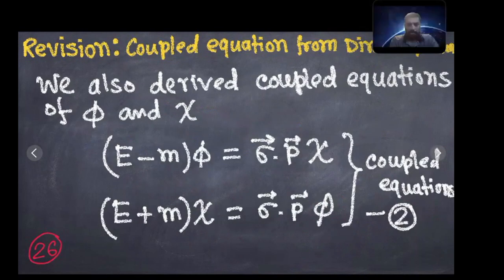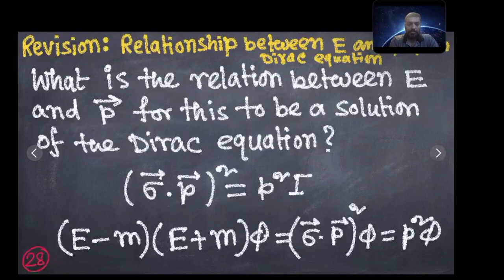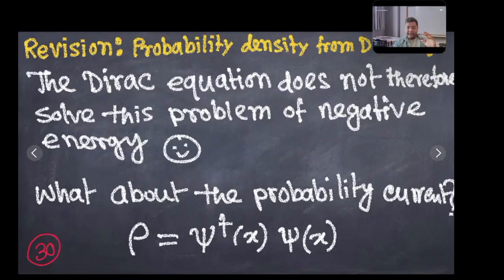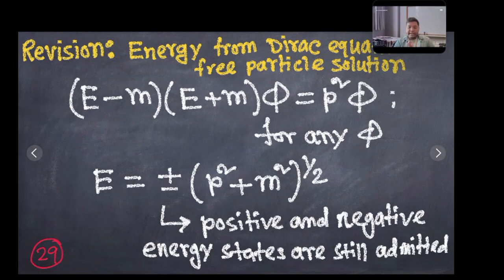Then, doing some more mathematical calculation, we tried to reach a conclusion about the possible energy we can get from the Dirac equation. We found that, because the wave function of the Dirac equation also follows the Klein-Gordon equation, the possibility of negative energy was not nullified.